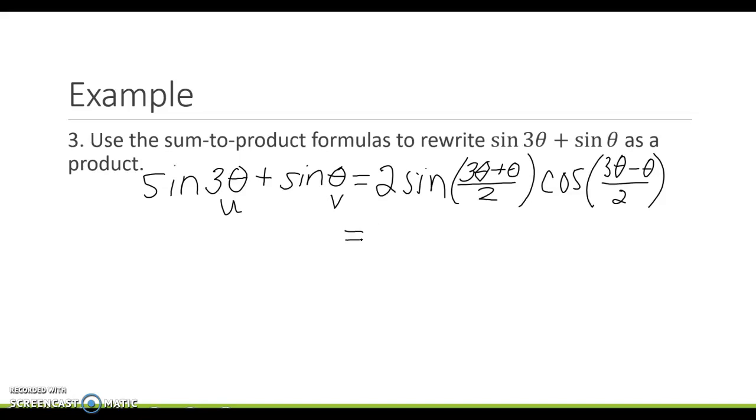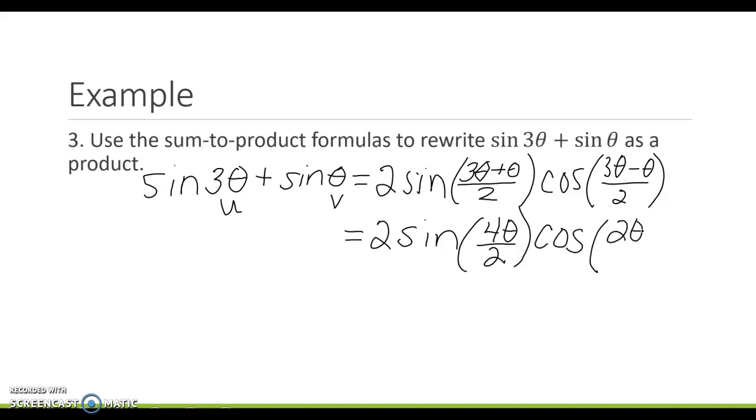Okay? So then I get 2 sine 4 theta over 2. So I'm just adding and I'm going to subtract, cosine 2 theta over 2.